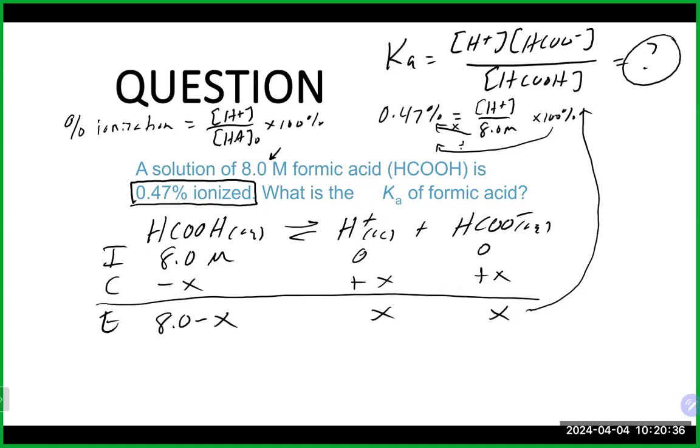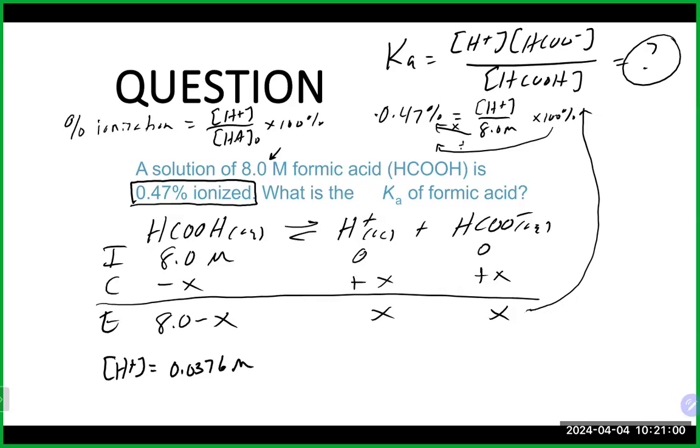So we'll take our 0.47 times 8, divide it by 100, and that's going to get us 0.0376, and that will actually equal the H plus concentration in this case, 0.0376 molar. And again, that's what we get from this calculation up here.